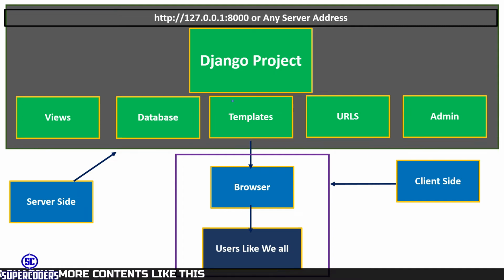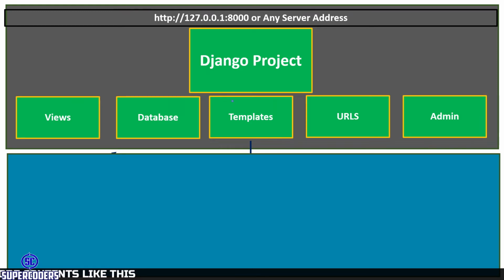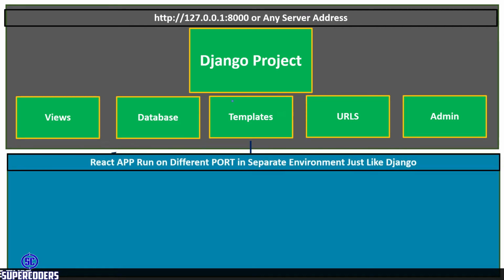Now let's see more. Here comes our React app. All has gone. Nothing worked like earlier. What I am saying is Django runs on a different server and different port, and React runs on a different port and different server. So we are creating two projects.